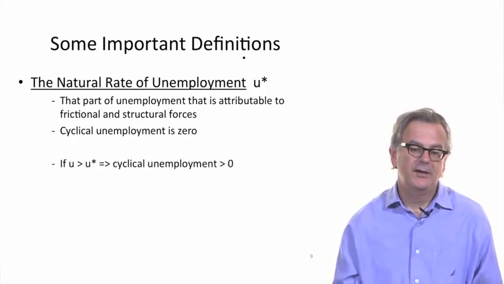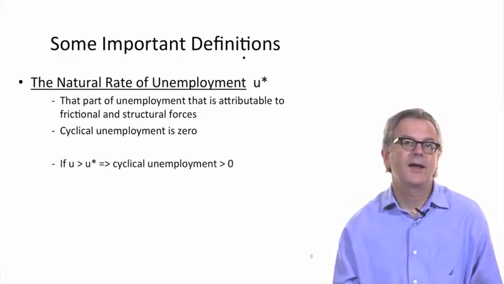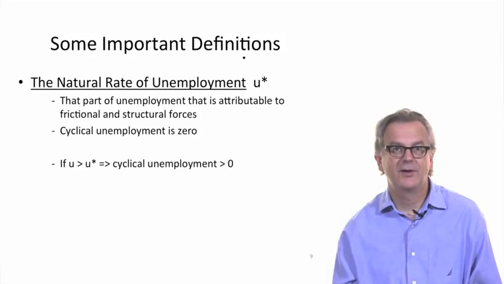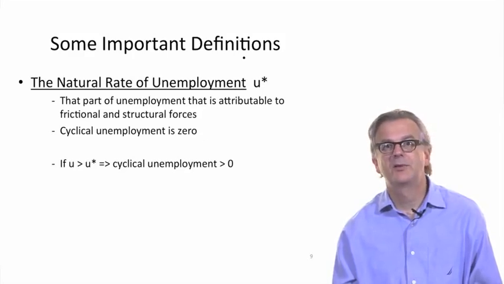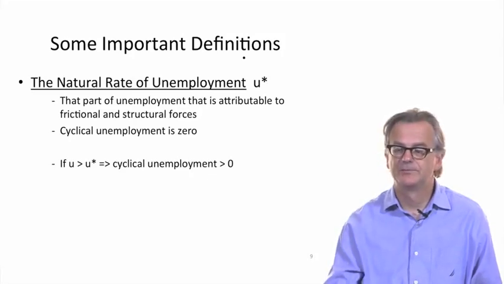And so we can think about the following circumstances. If the economy's actual unemployment rate, now U without the asterisk stands for the overall total recorded unemployment rate, exceeds the natural rate of unemployment, then what you must be observing is some cyclical unemployment. So we would say under these circumstances, the economy's rate of cyclical unemployment is some positive number.